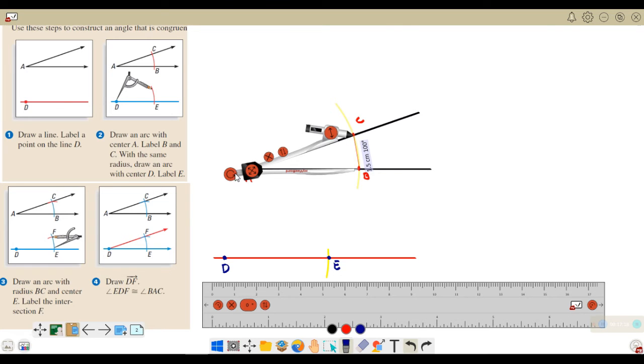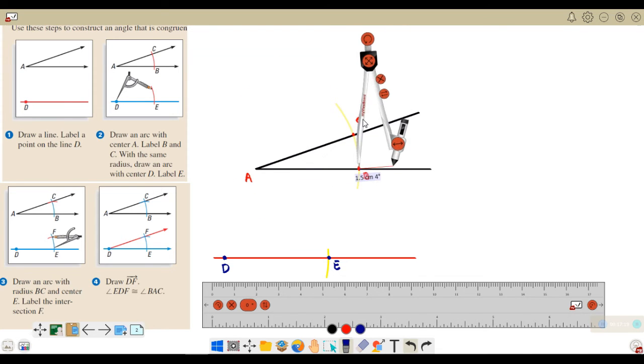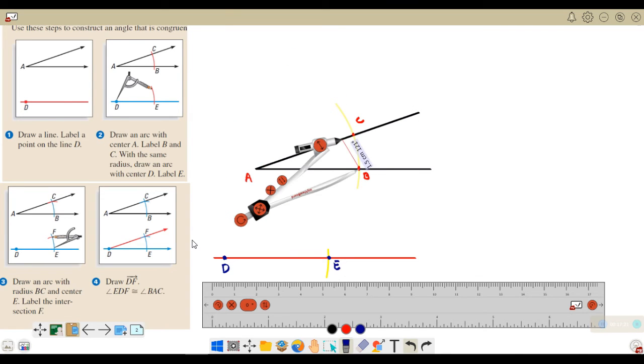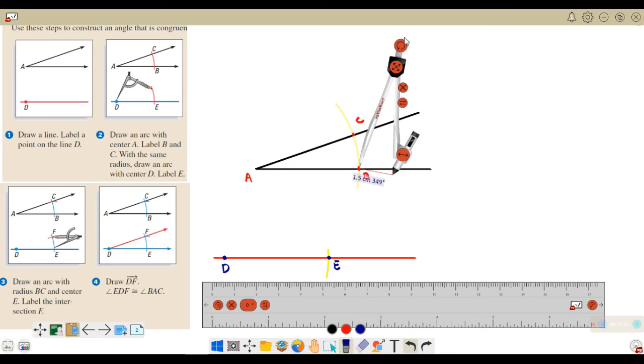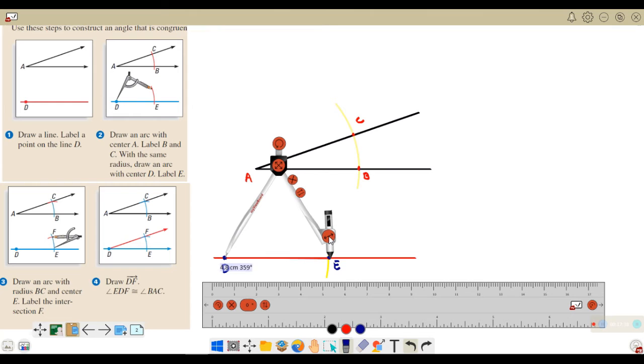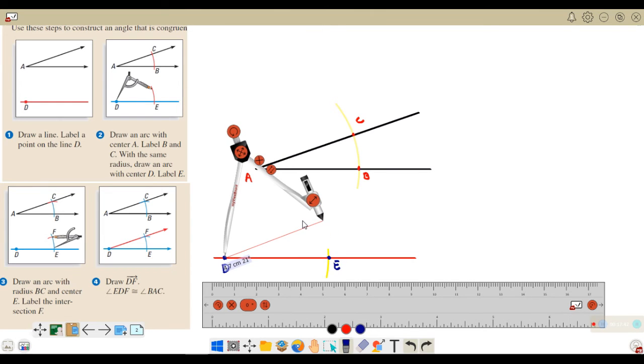Ay, teka, hindi ko kukuha kasi yung point of intersection. So, palalakihin ko lang ng konti yung nandito. Nagkamali ako ng estimate. Palalakihin ko lang to ng konti. Di ba DE? I-extend ko lang ng konti C. Letter E. Ay.